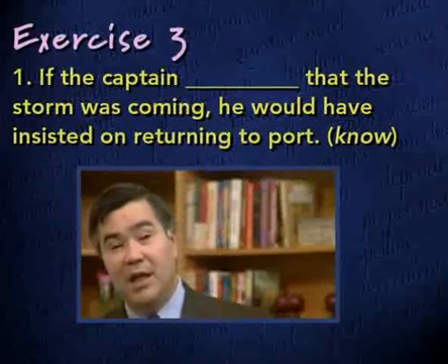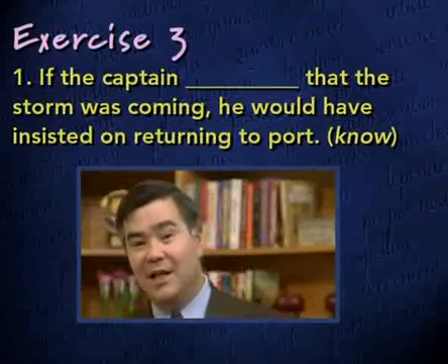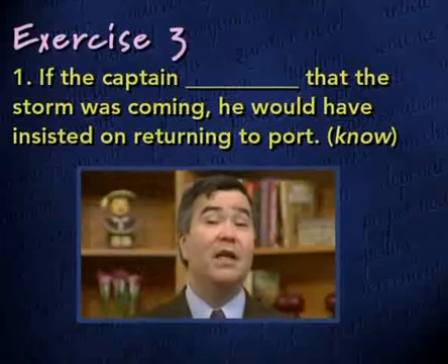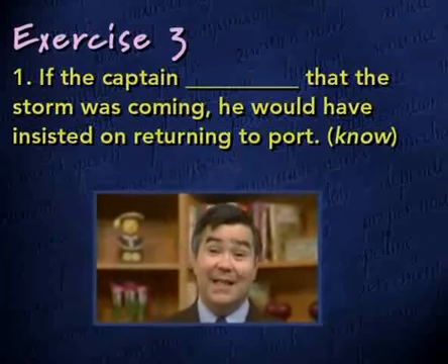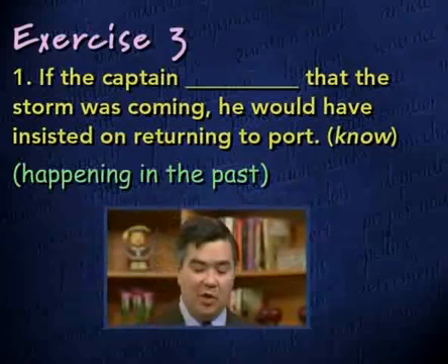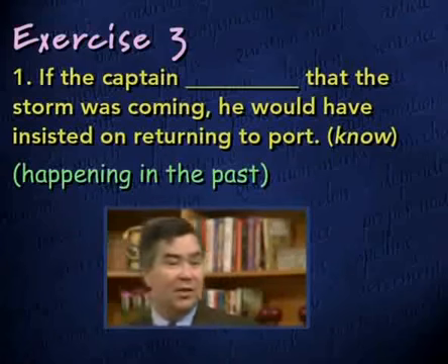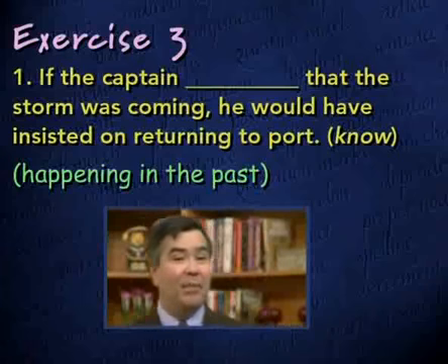And remember, in order to determine the proper form of the subjunctive mood in a sentence like this, we need to know whether we're talking about something happening now or in the past. Well, in this case, the sentence is describing something happening in the past. He would have insisted on returning to port. That tells us that this is something that happened yesterday or before that. It's not something happening now.